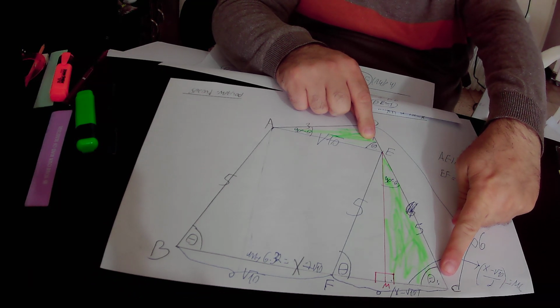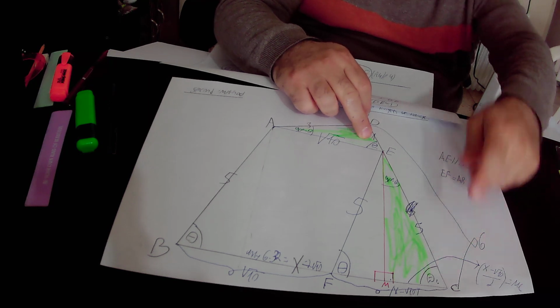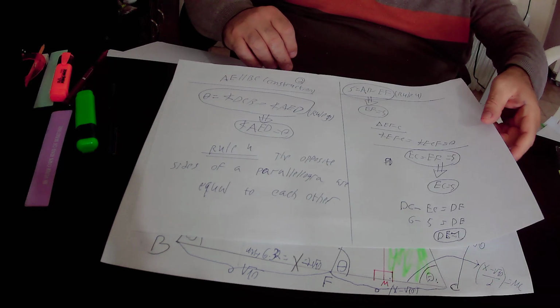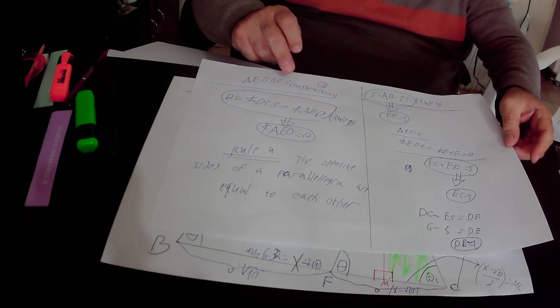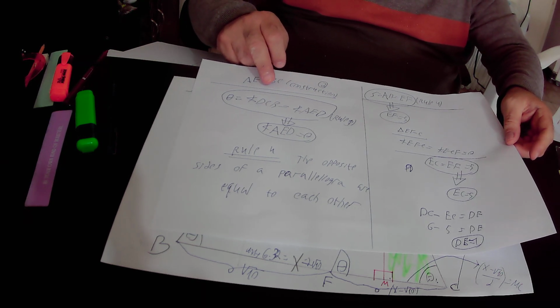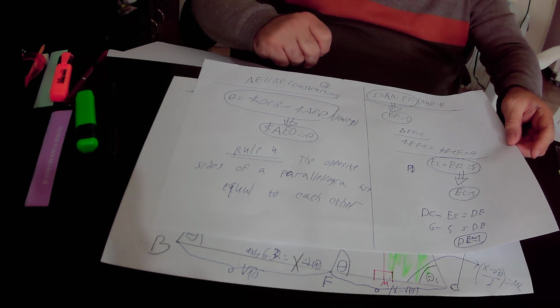Those two angles are equal to each other because they are corresponding angles located between the parallel lines AE and BC. So angle BCD equals angle AED. Okay?